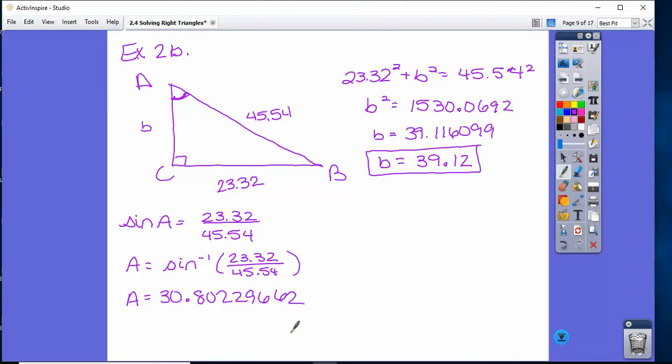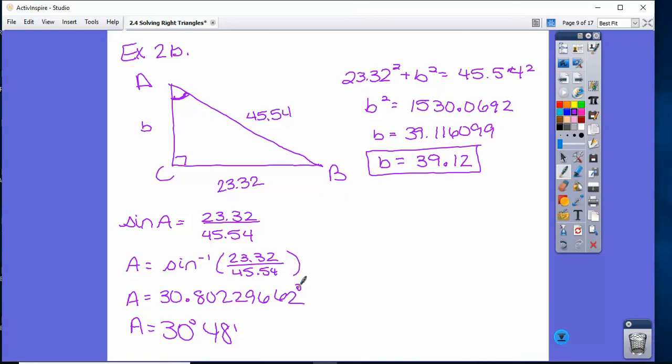If I said to round it to 4 significant digits, you would tell me 30.80 degrees. If I said degrees and minutes, then what do you do? Decimal times 60, which would give you 30 degrees, 48 minutes. So just be prepared to answer either way.